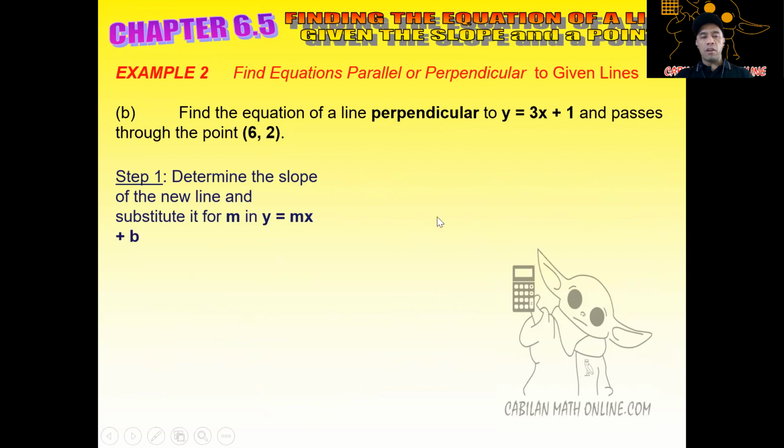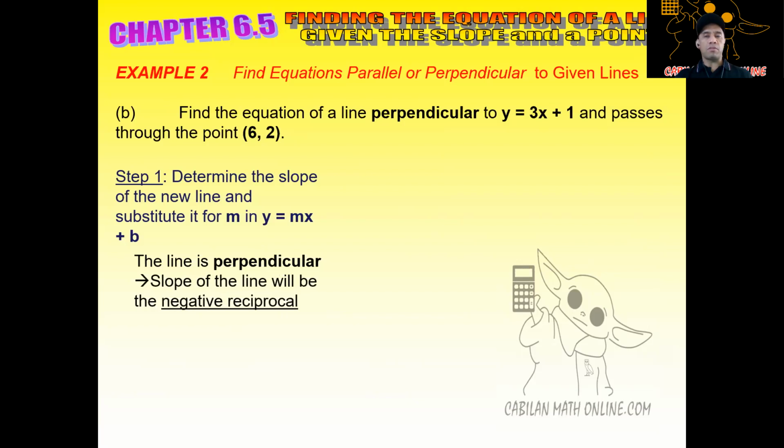Now, the key word here is perpendicular. So remember from the last lesson, anytime you have lines that are perpendicular to each other, their slopes are negative reciprocals. So if you take a look at the original equation here, our slope is going to be 3. What you have to do with this 3 is to find the negative reciprocal of it.